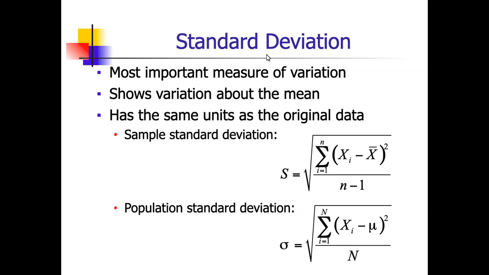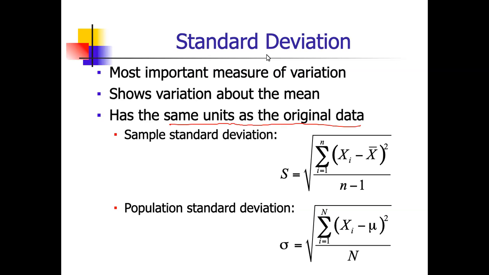That's why oftentimes you would encounter interpretations of quantitative data using the standard deviation instead of the variance, because it shows the variation about the mean. And take notice that it uses the same unit of measurement as the original data.